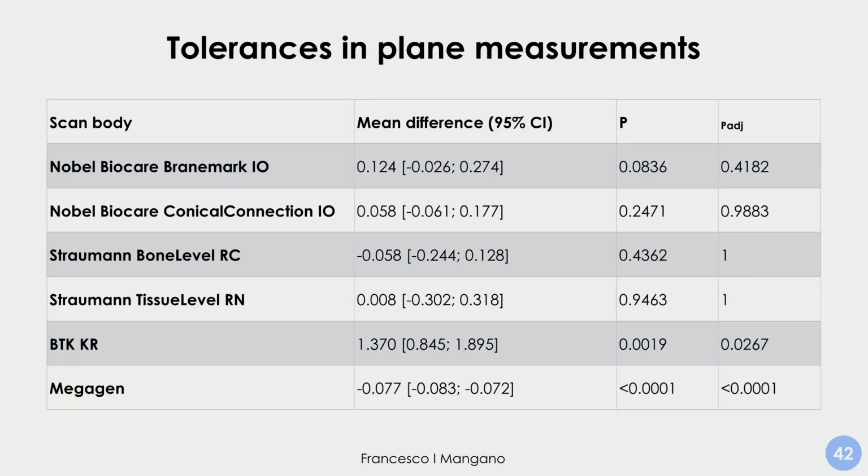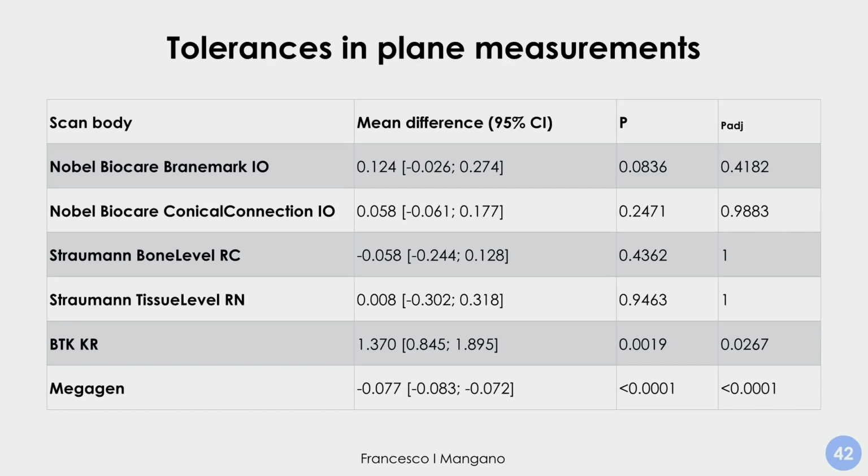Let's watch the last aspect, the tolerances in plane measurement. In this case, we have, yes, differences between the different scan bodies. Particularly, we have a very good performance for the Straumann tissue level.